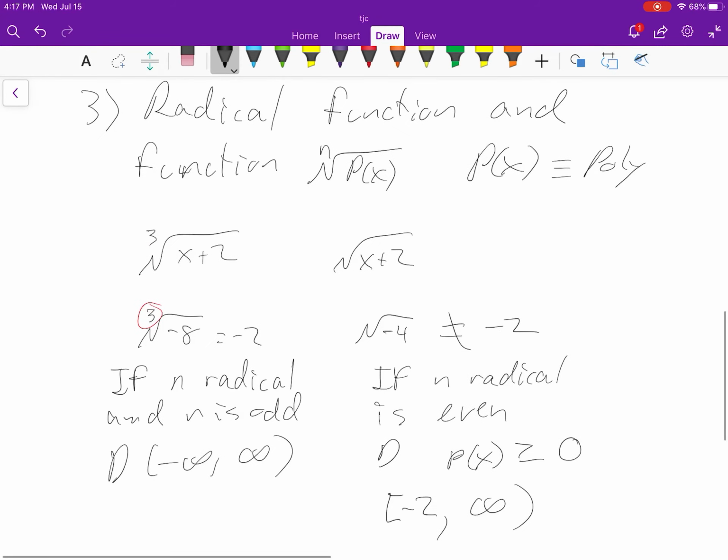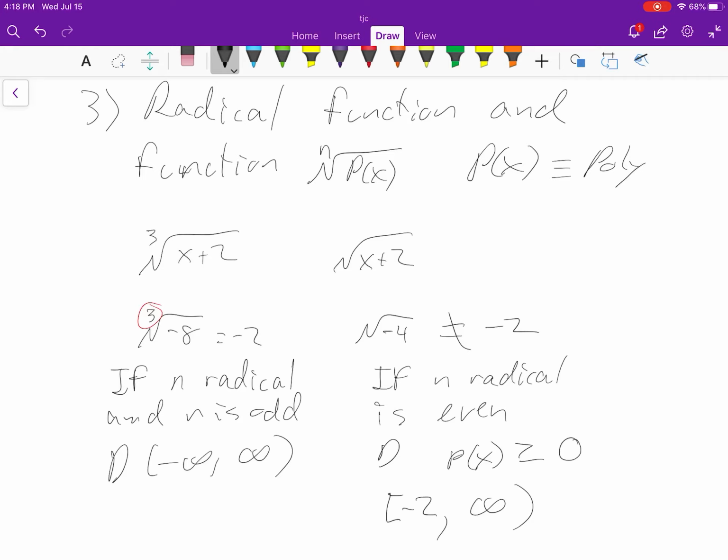So, again, with radical functions, you have to first look at, is your radical even or odd? If it's even, then your domain is such that the insides have to be greater than or equal to 0. If the radical is odd, then your domain is all real numbers. Okay?